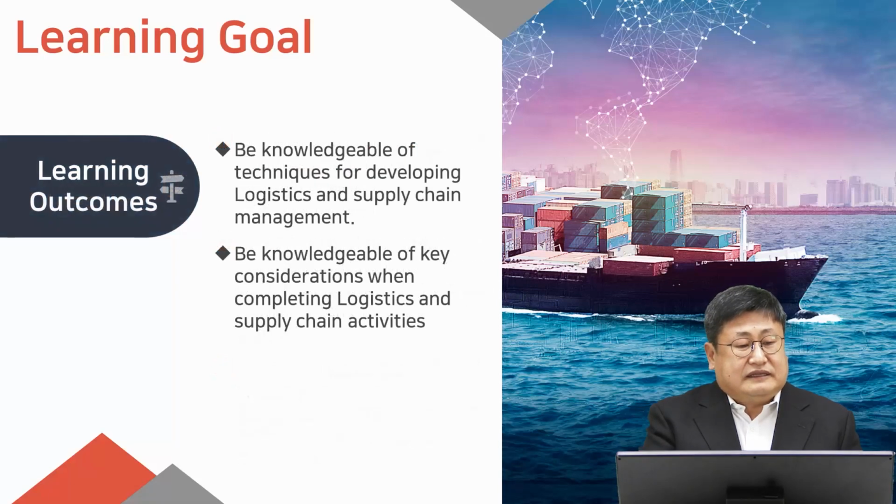And when you understand everything, the learning outcomes are these: be knowledgeable of techniques for developing logistics and supply chain management, and be knowledgeable of key considerations when completing logistics and supply chain activities. That is your learning outcome from this chapter, okay?